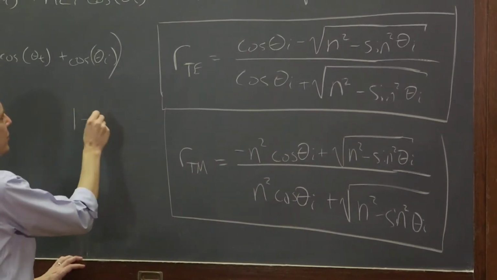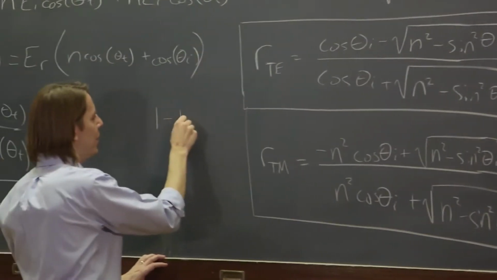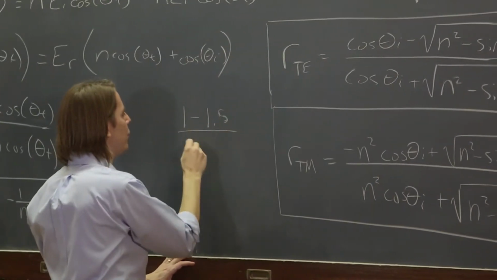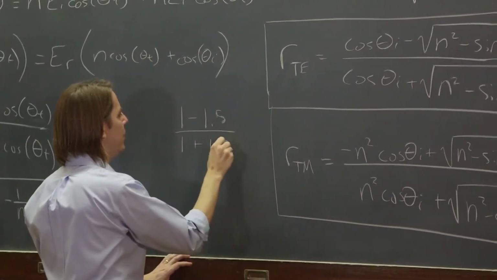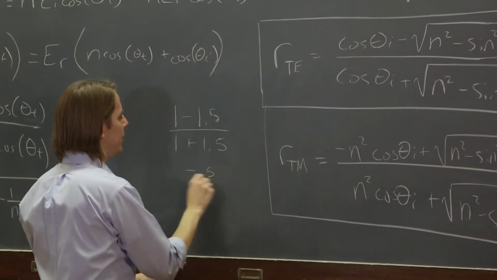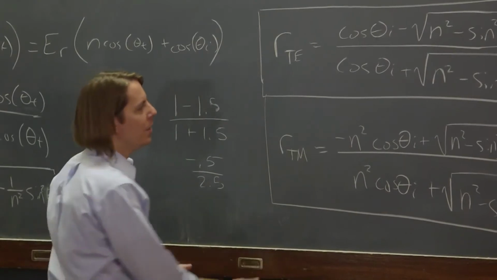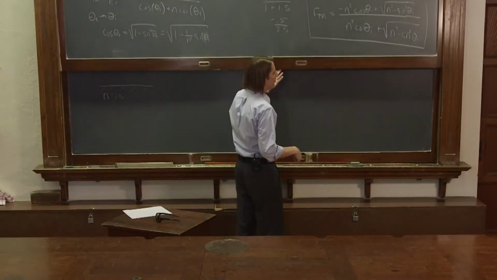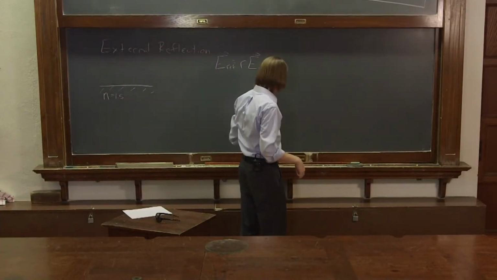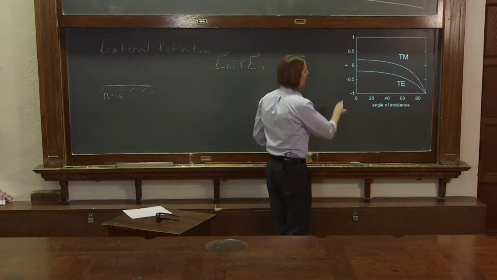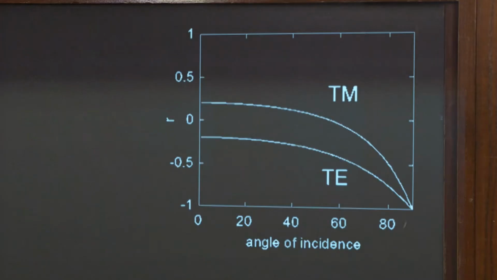Well, 1 minus, and if we're doing glass, that's about 1.5 over 1 plus 1.5, which is about minus 0.5 over 2.5, which is about minus 0.2. So at normal incidence, we do get about the right thing. Okay. And then, as you go off to glancing incidence, they diverge.